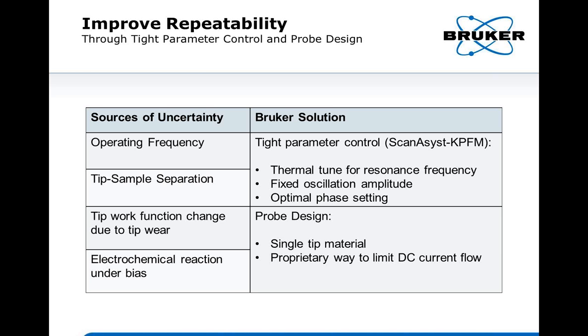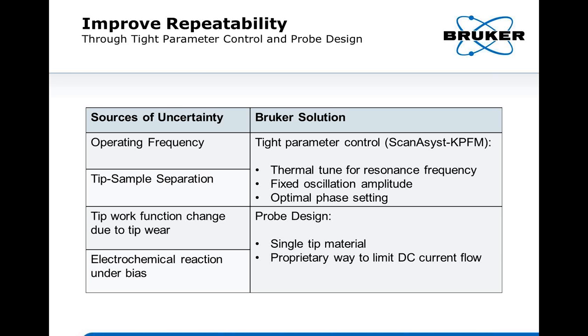The other major reason for measurement repeatability is the tip work function. We know, again, for KPFM, we are measuring the work function difference between your sample and tip. Now, the tip is really your reference.